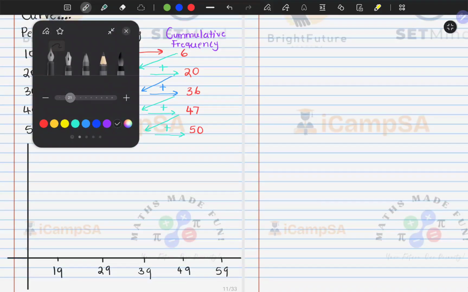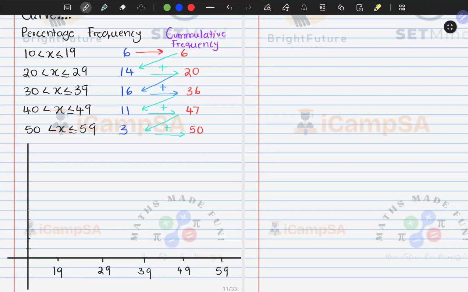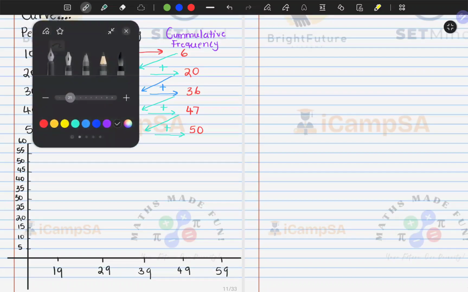So I'm going to have 5, 10, 15, 20, 25, 30, 35, 40, 45, 50, 55. Then the last one becomes 60. Okay, good enough. So let's go ahead now and do our plots.